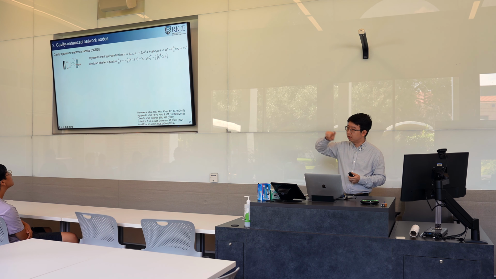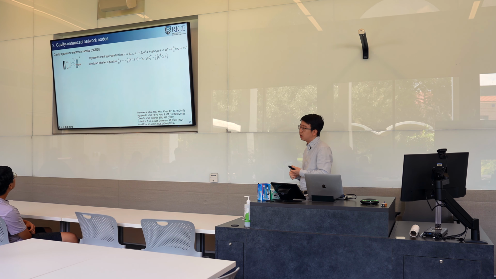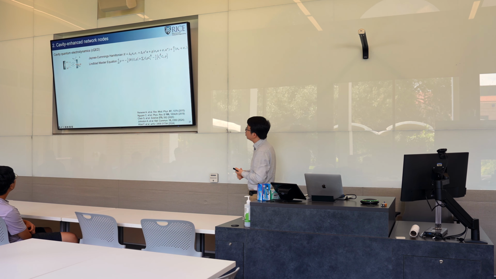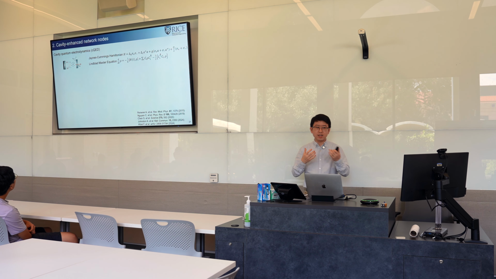So g is the interaction between your atom, this two-level system, and the cavity. Of course, your cavity has some loss and some waveguide coupling, so those can be included in the model. And then at the end of the day, we use this Lindbladian master equation to solve the dynamics of the system.